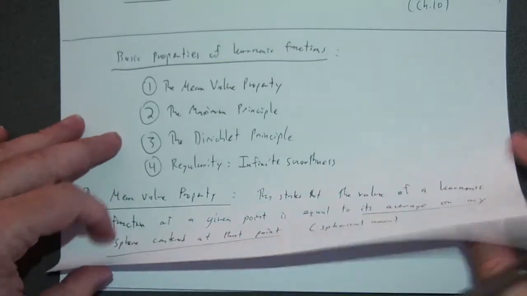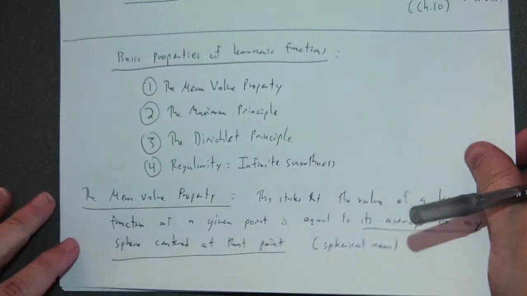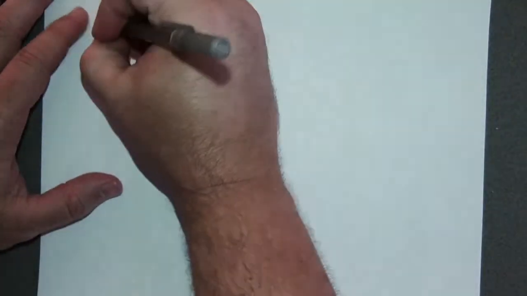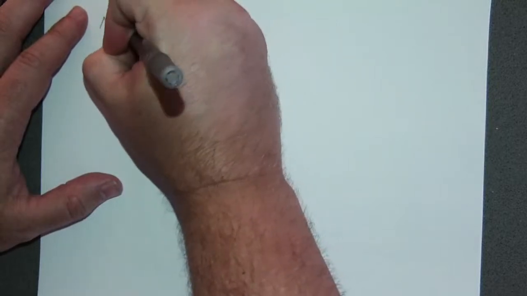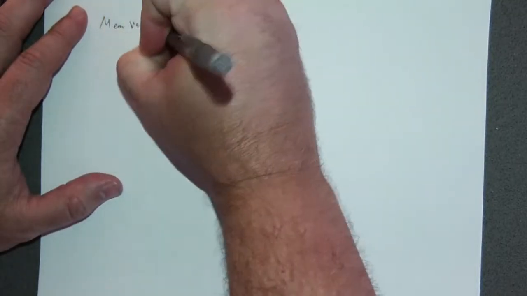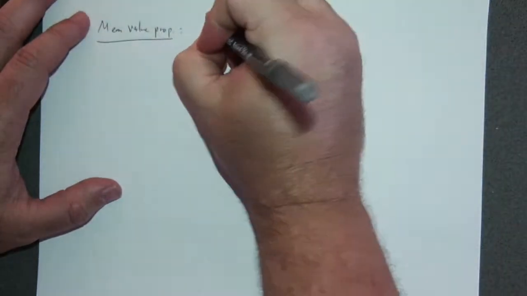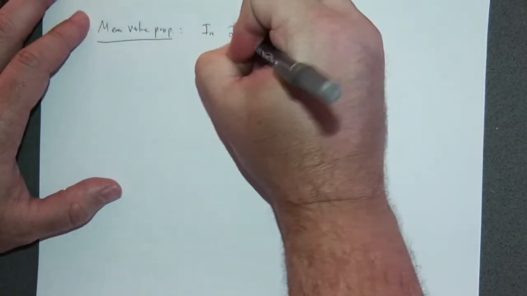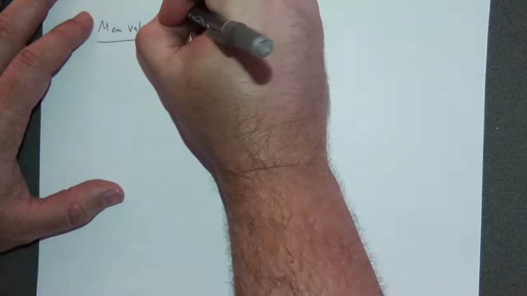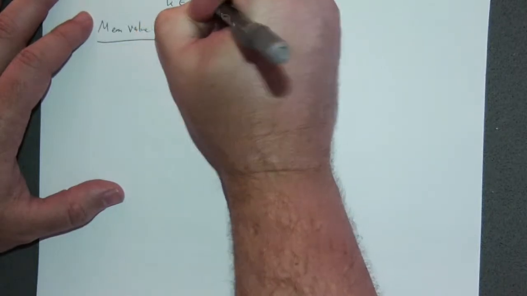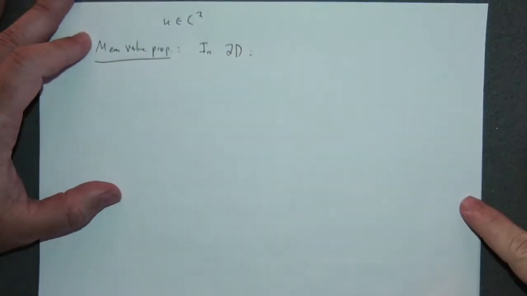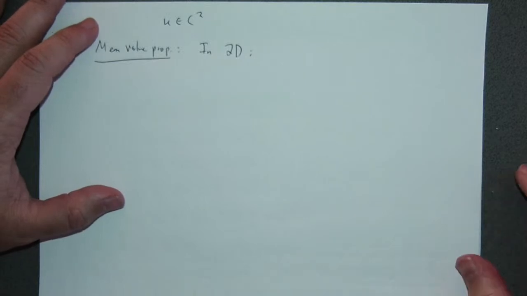So let's actually write this out. The mean value property. Let's do this in 2D. This states that if U is C2, of course if it's harmonic it's smooth, but doesn't matter.